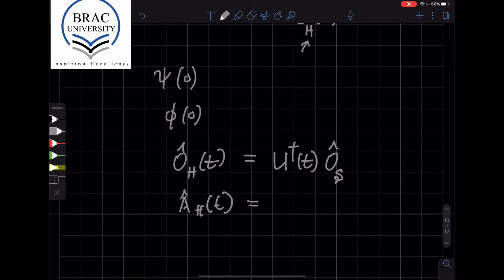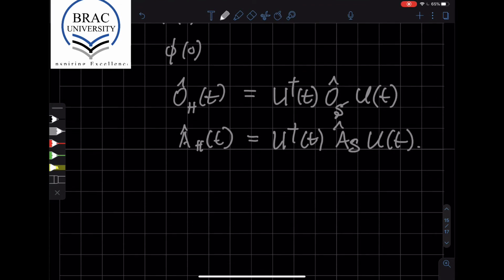So this I'm going to call O_S to emphasize that it was the operator in the Schrödinger picture, and it was time independent. So in the Heisenberg picture, it's the operators which are evolving in time and therefore they're dynamical objects.